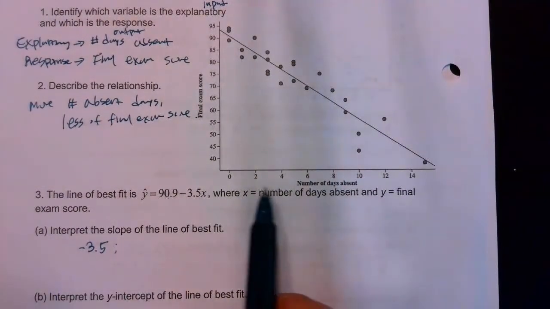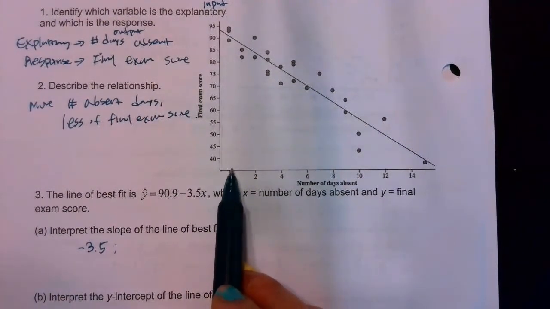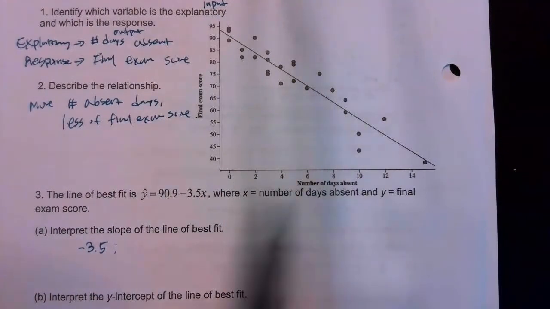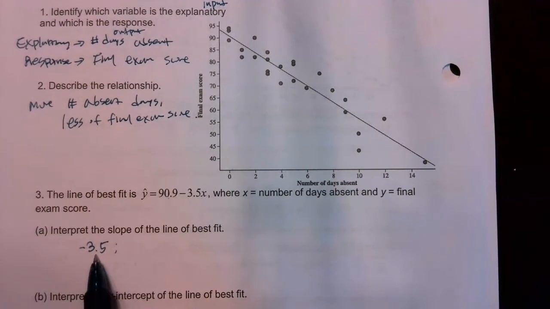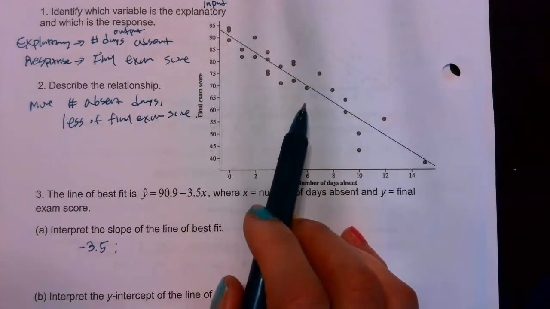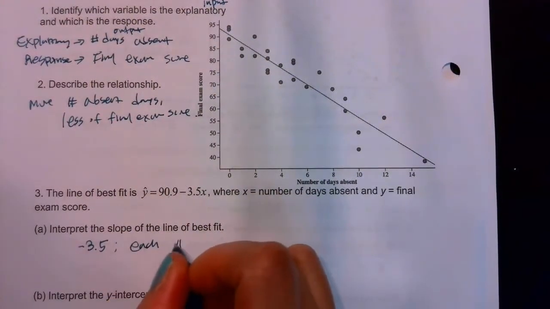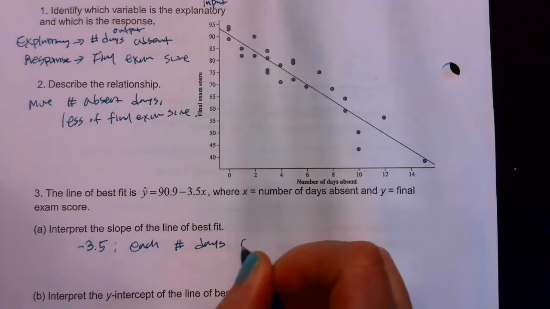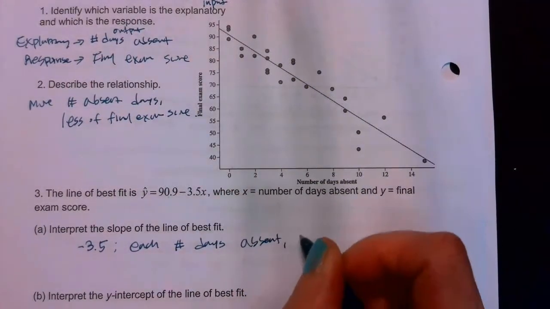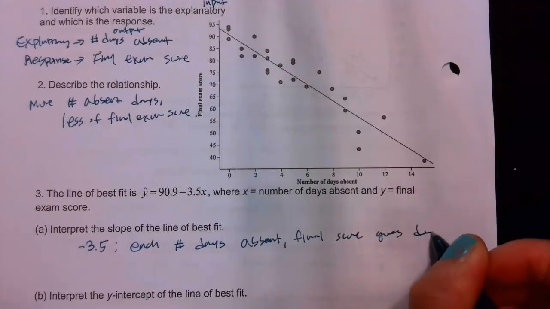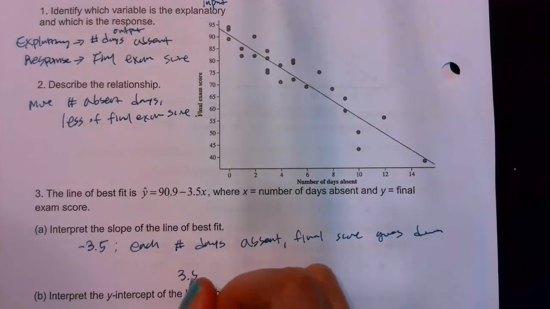In other words, for each additional day absent, your final exam score is going to go down 3.5 points. I'll say it one more time. That means for each day absent, the final score goes down. Why do I say go down? Because it's negative 3.5 points.